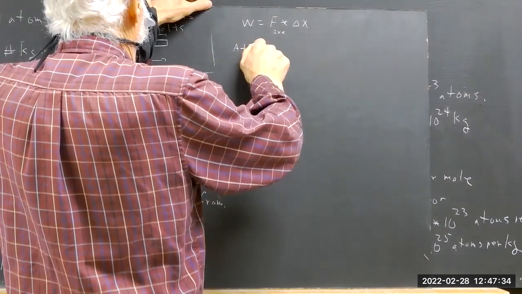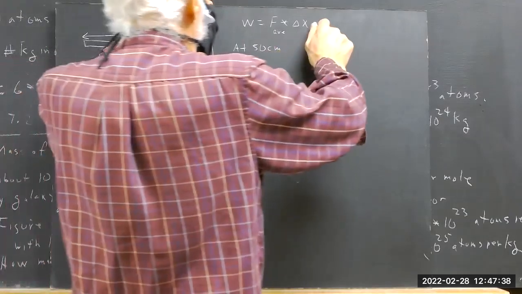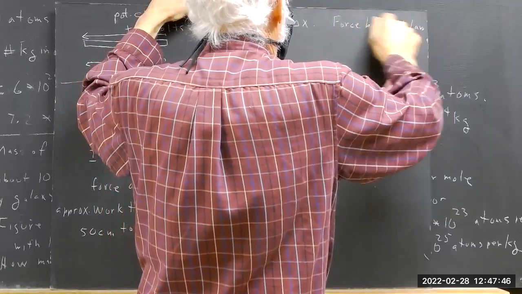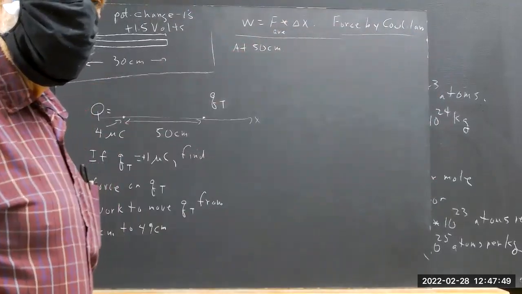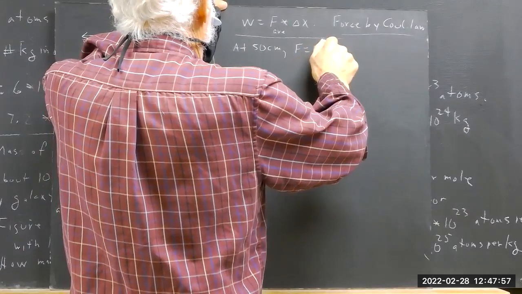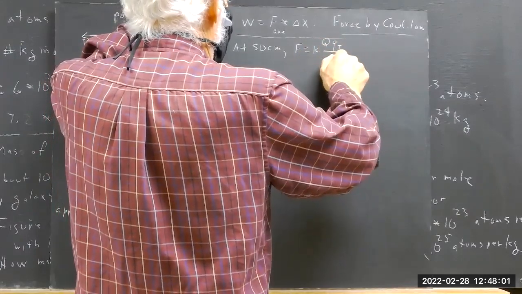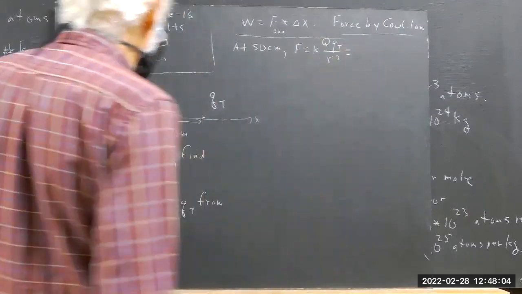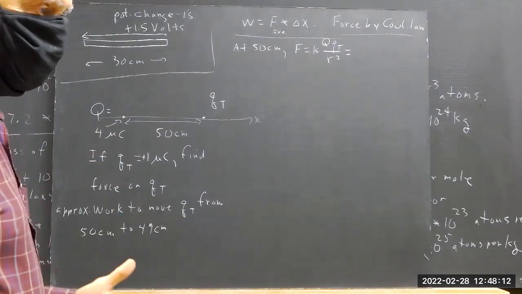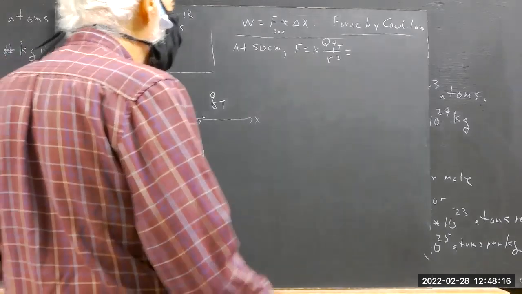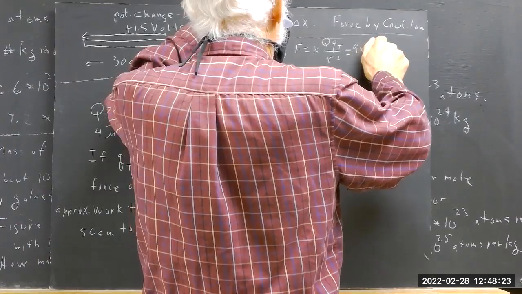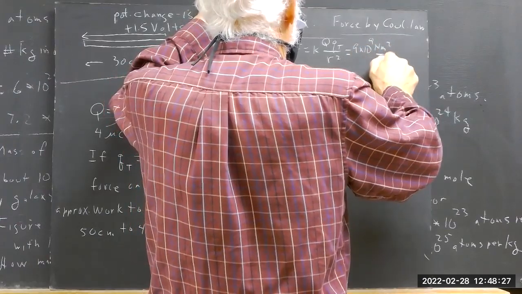There's your strategy, okay? So at 50 centimeters, well, Q times Q_T is 4 times 10 to the negative 12 coulomb squared.